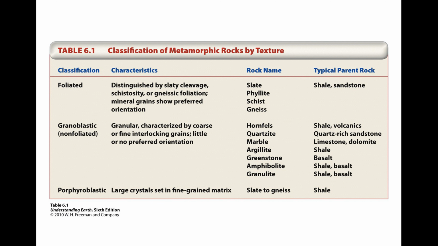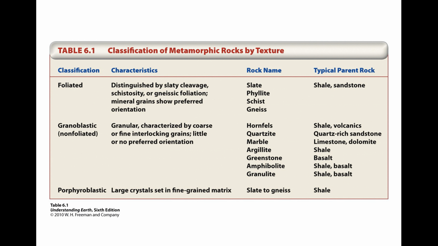Mineral grains show preferred orientation, yeah? Whereas the granoblastic rock is granular, characterized by coarse or fine-grained interlocking grains, with little or no preferred orientation. And the porphyroblastic rock shows large crystals which are set in a fine-grained matrix.